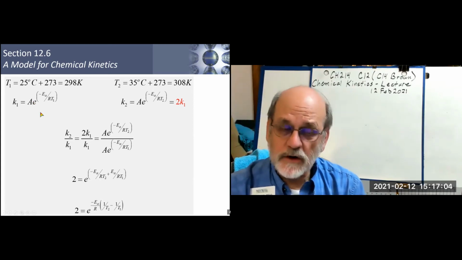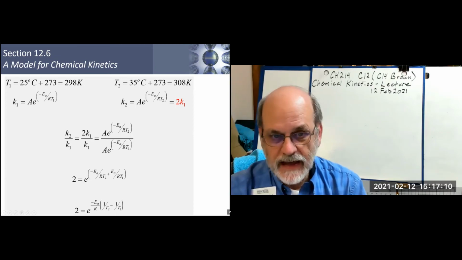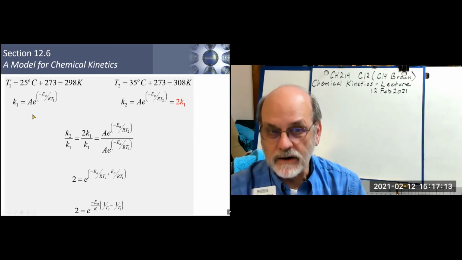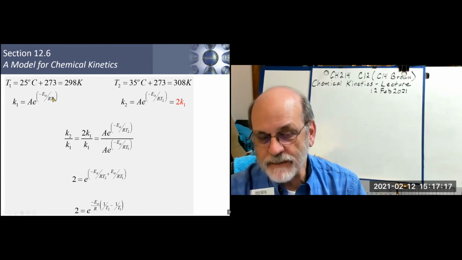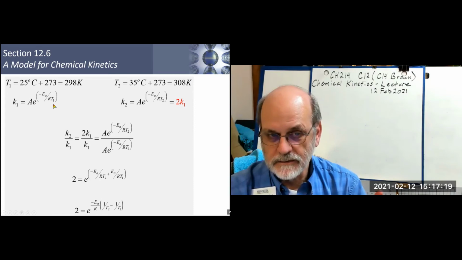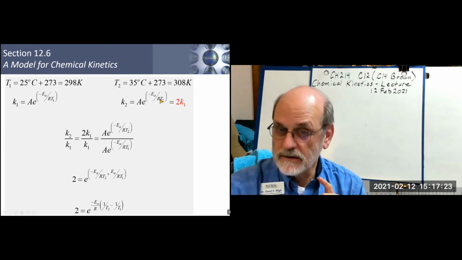And actually, we're going to use the differential rate law for Arrhenius. And I'll show you why that works better, because the first K is at this temperature, that temperature. Okay. The second K is at this temperature.